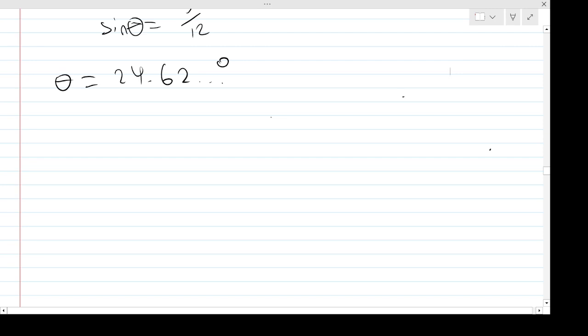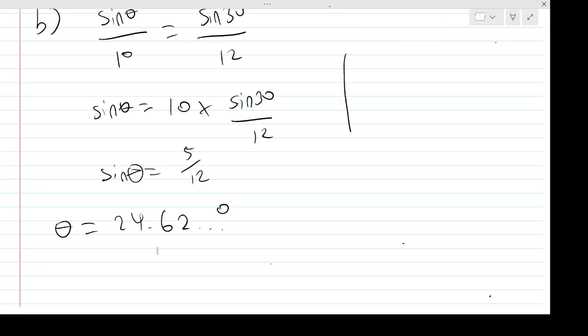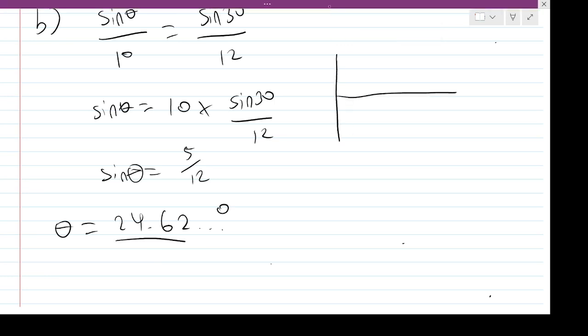So we got that angle, but then of course we need to consider another possible angle in this case, by using the ambiguous case. To work out the other angle, it helps to consider the sine curve, because we know one solution is this, right?